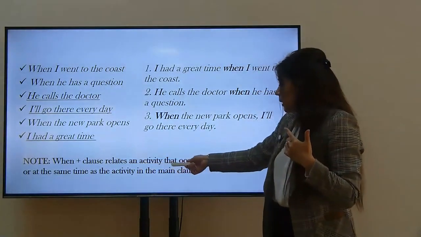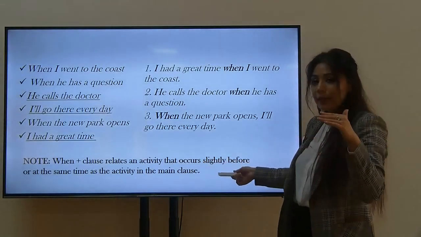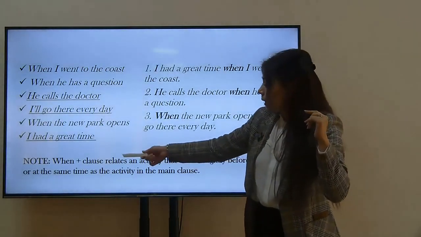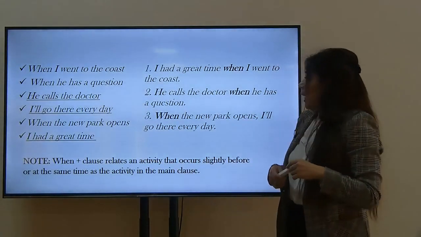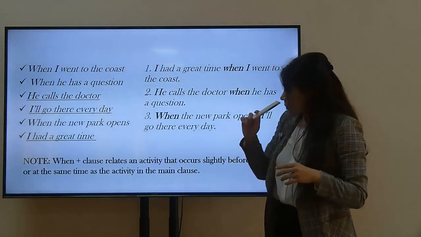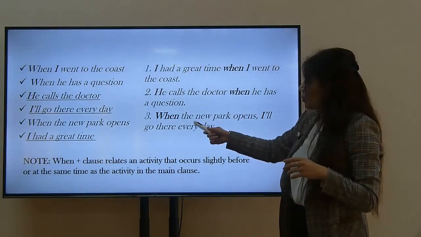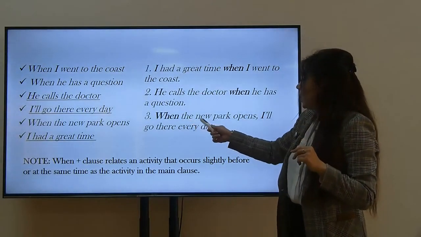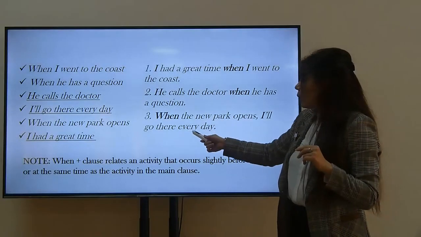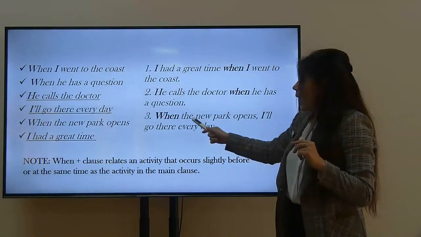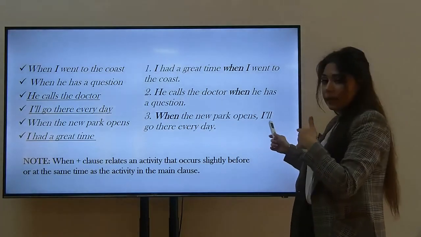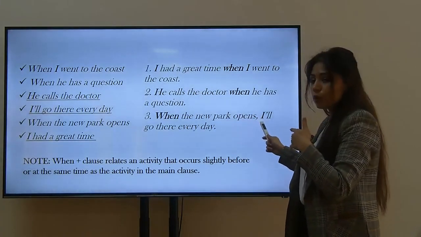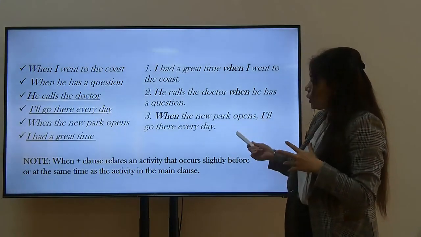A when clause relates an activity that occurs slightly before or at the same time as the activity in the main clause. Dear students, as you see here, let me read this third one. When the new park opens, I will go there every day. If the when clause comes before the independent clause, of course, you should put a comma. And what do you think?